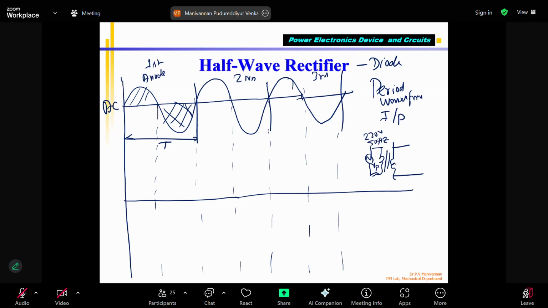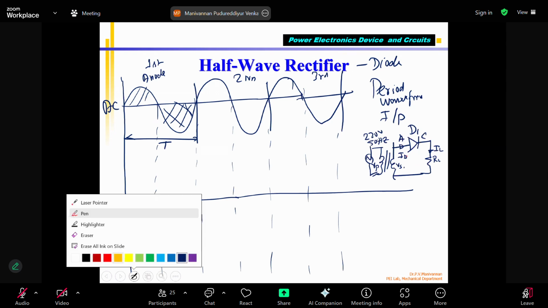This is VP, this is VS. This is connected to the diode rectifier through the load resistance. This is the diode, anode, cathode, RL. This current is called IDC. The same current flows to the load, so it is called IL. And this is VL. The current will flow like this.